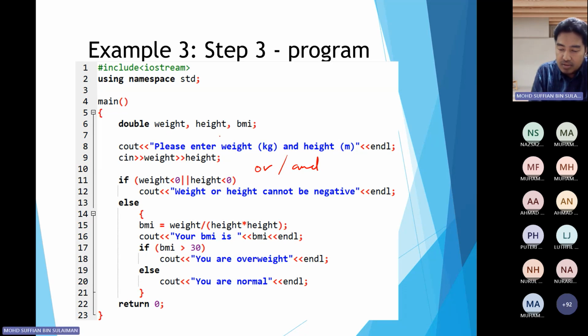Okay, we have 3 variables, weight, height, and BMI. Okay, and then we prompt the user, please enter weight and height. Okay, let's see, input weight and height, and then we do the checking.